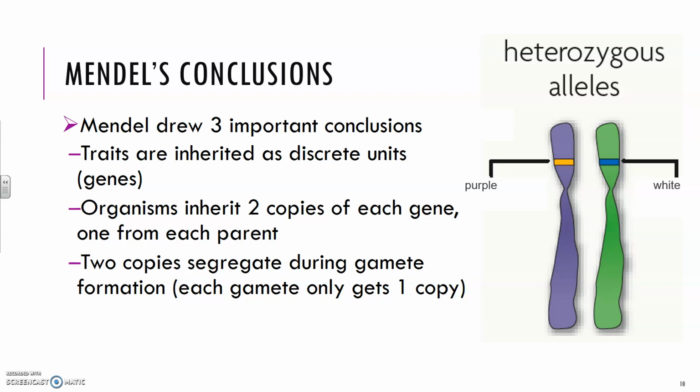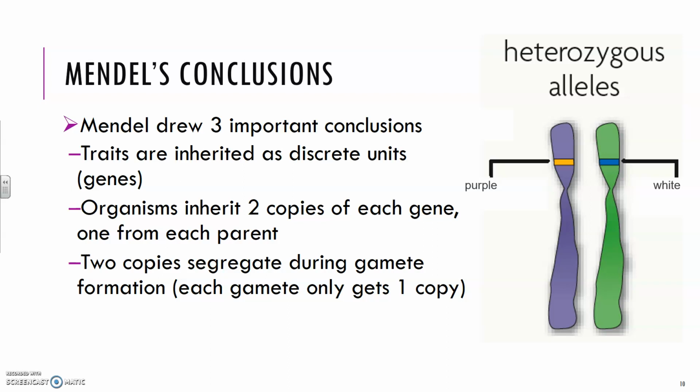But this is basically saying that for all of the genes and all of the chromosomes in the cell, the only thing that really matters is that each new cell gets 1 copy of each homologous chromosome. It doesn't matter which copy of chromosome 1 goes with which copy of chromosome 2.